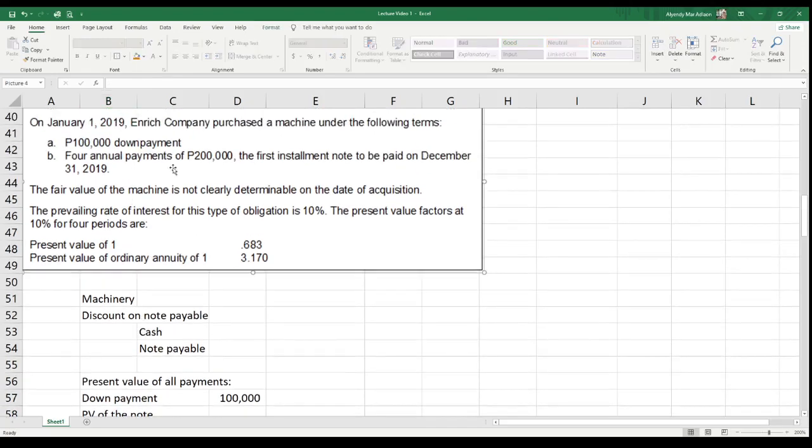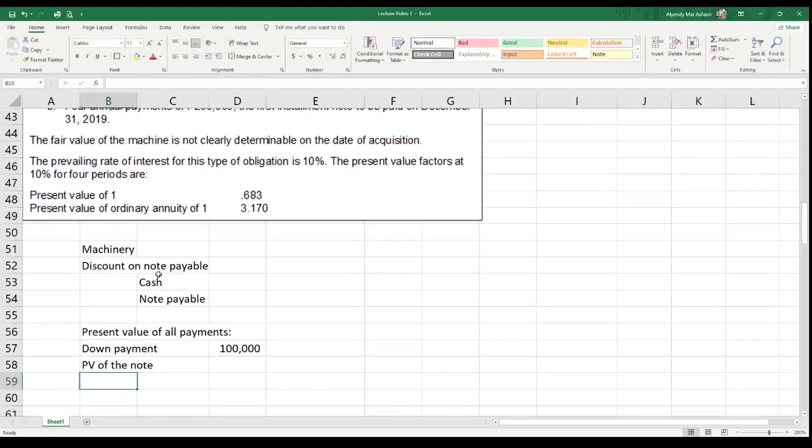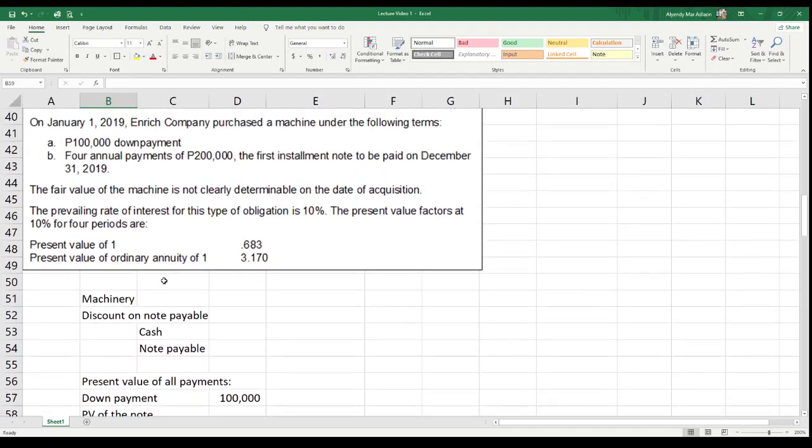Since we are to pay 200,000 four times, that is every year for 4 years, we will have to get the present value of 1. But which one, the present value of 1 or the present value of ordinary annuity of 1?